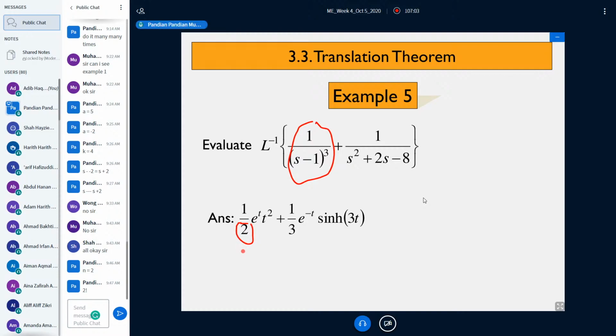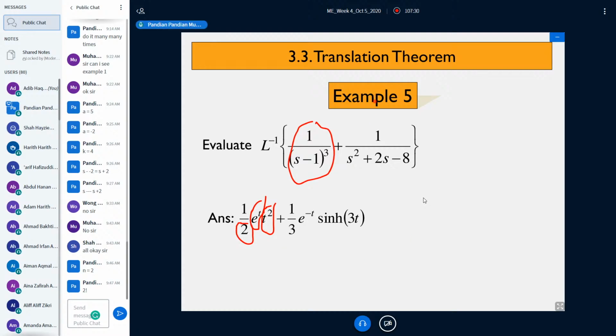But according to the translation theorem, your a is 1, so this is e power t. And this is t power 2, because this is s power 3. So the answer is half e power t times t power 2.